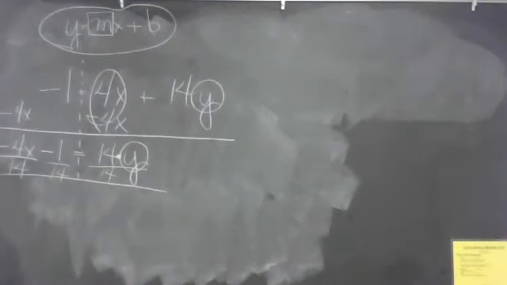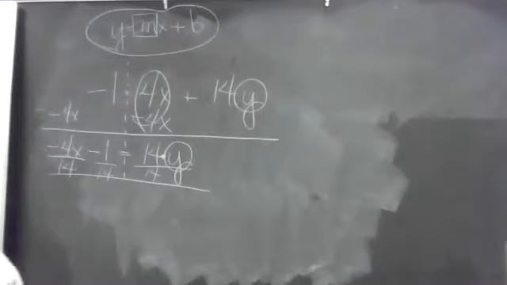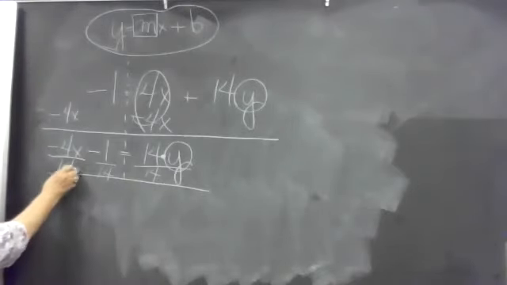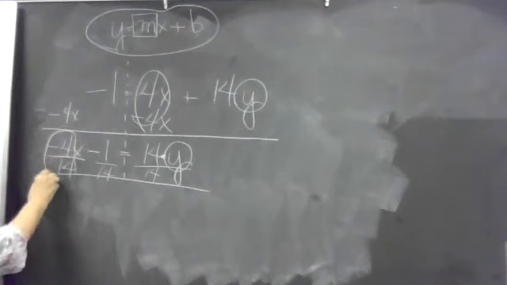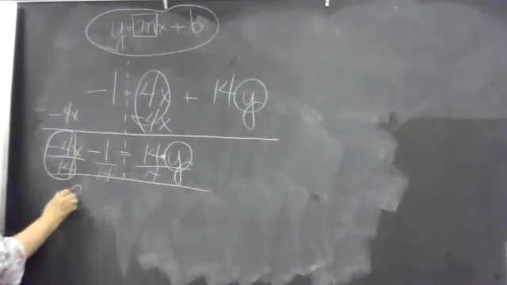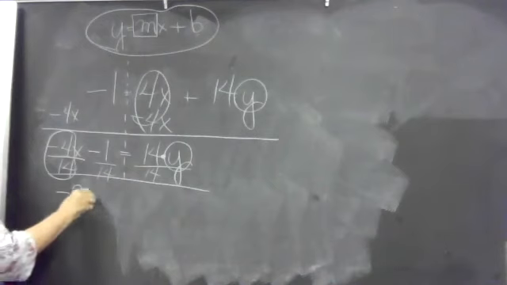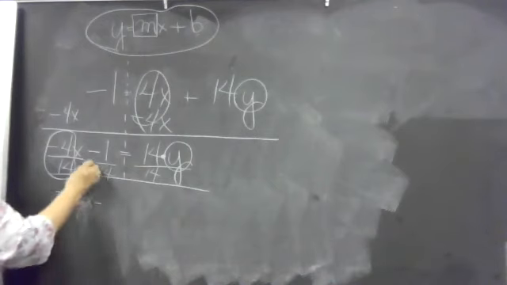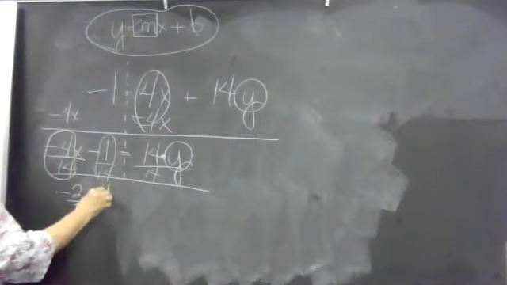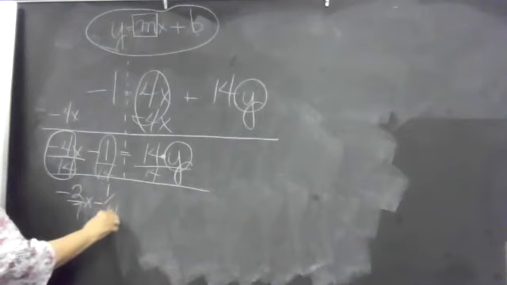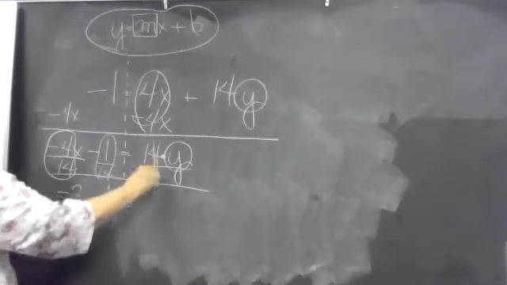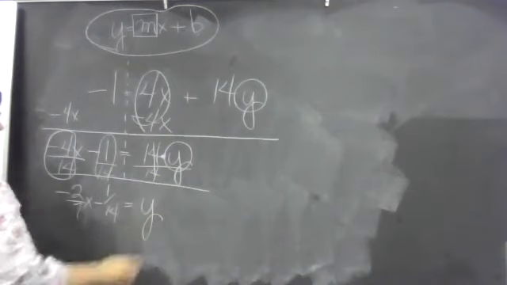So now I have, here is my fraction in front of the x, -4/14, but I can divide these by 2. So I have a -2/7 x minus 1/14 equals y.